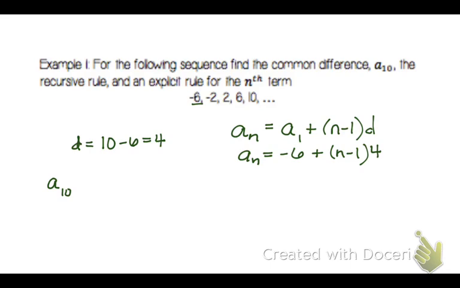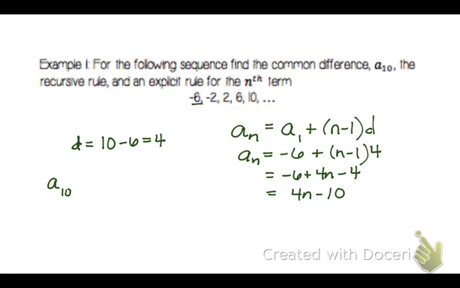It's really easy to pull information from that form. I can look at it right away and know that my first term was -6 and the common difference was 4. We can also simplify that algebraically. So you could go ahead and distribute the 4 and then combine like terms, and we would get 4n minus 10. Those 2 things should generate the same sequence of numbers.